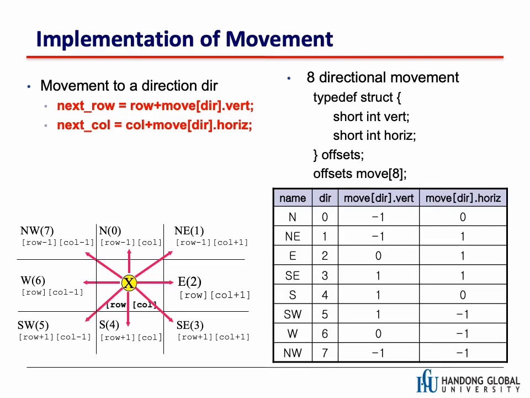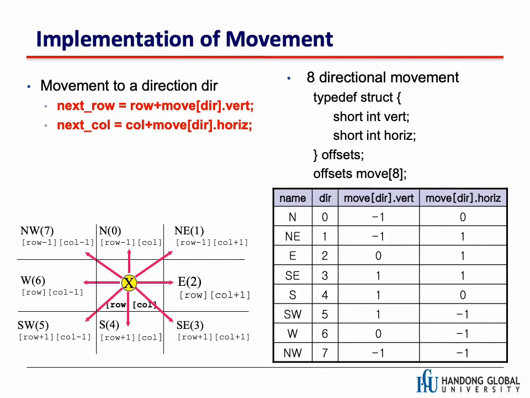If the index is 1, then the vertical is -1 and the horizontal is 1, which means it is pointing northeast. Let me do this one more time. If the index is 2, then the vertical is 0 and the horizontal is 1. So it points to the east side. So instead of having 2 variables, we have 1 index.